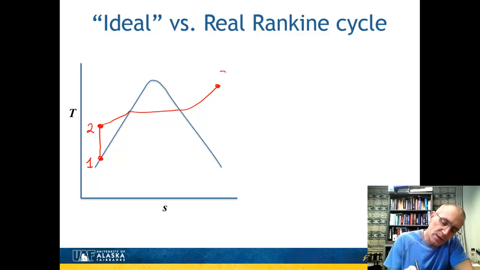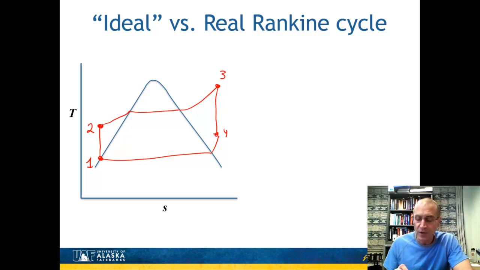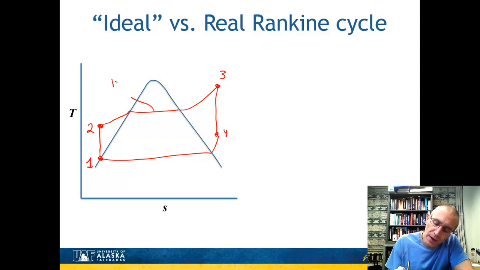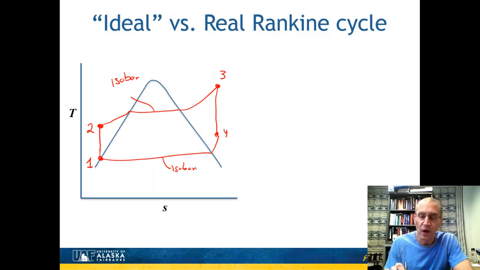So that's all at a constant pressure to 3, and then we have an isentropic turbine to 4, and then we have an isobar that moves across there. All right. So there's the ideal cycle. We have these vertical lines from 1 to 2 and 3 to 4, and we have isobars. I'll relabel that as isobars to remember that on the ideal cycle.